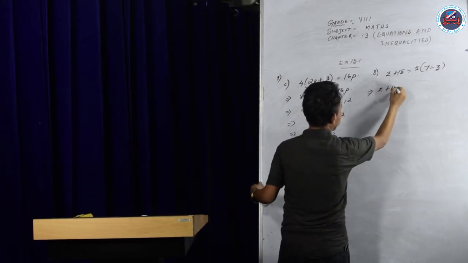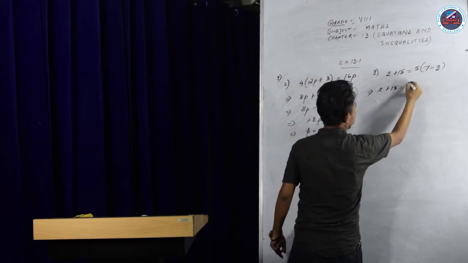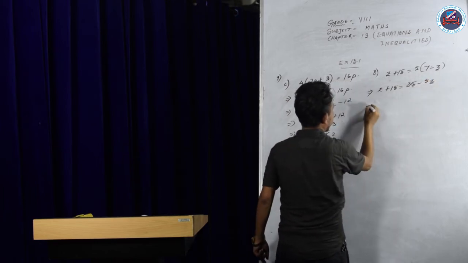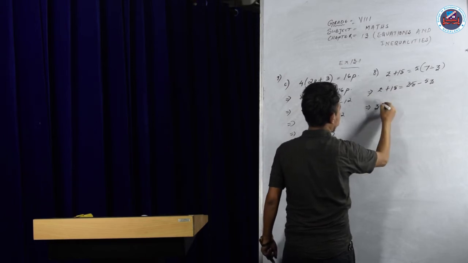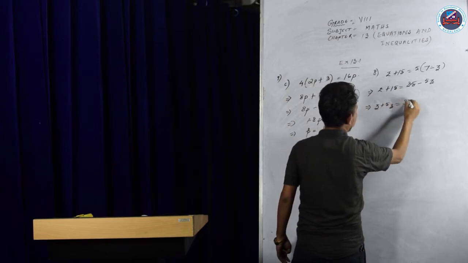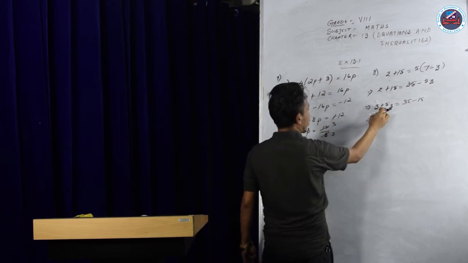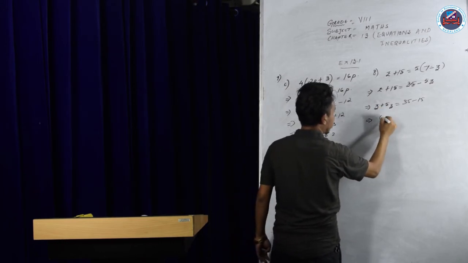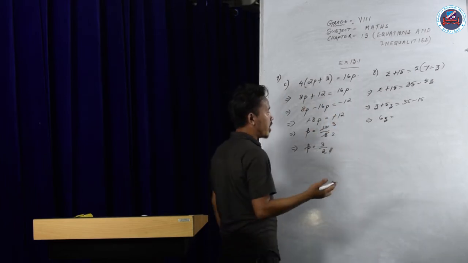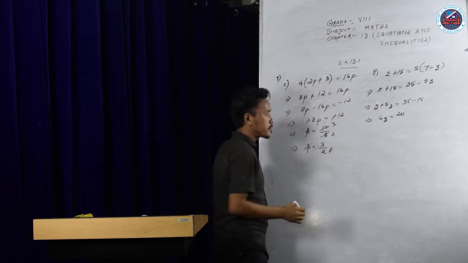Z plus 15, let's remove the bracket. When we remove the bracket, 5 7 times gives us 35, minus 5 into Z gives us 5Z. So what I can do here is bring the Z together. Z minus 5Z, if we bring it to the left hand side, becomes plus 5Z equals 35, plus 15 becomes minus 15. So 5 plus 1 gives us 6Z, and from 35 if you remove 15, we get 20, right?